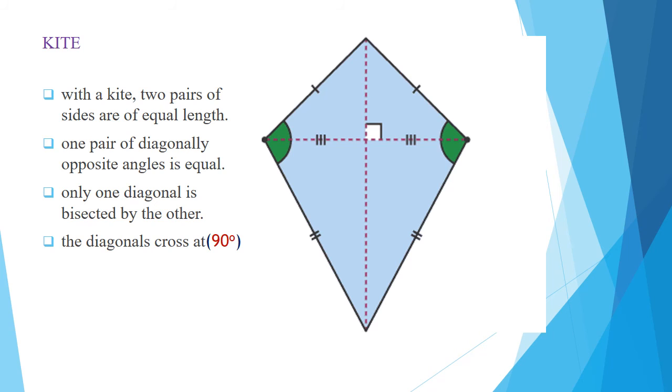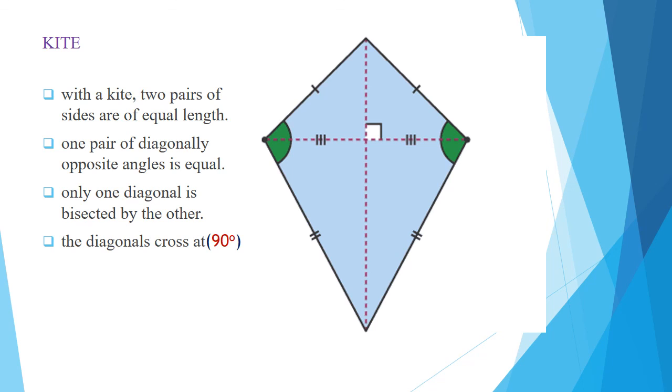Now you would also see that one of the diagonals, so only one diagonal is bisected by the other, and also the diagonals cross at 90 degrees. So you can see that that's why we have the square over there crossing at 90 degrees. Now another unique feature about kite is also the fact that it's just one pair of the opposite angles which are equal.